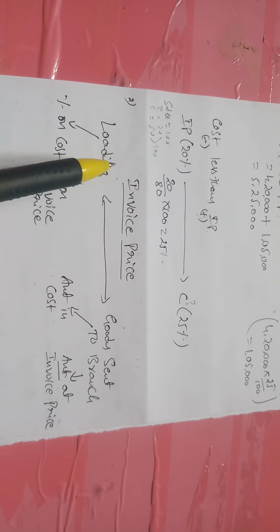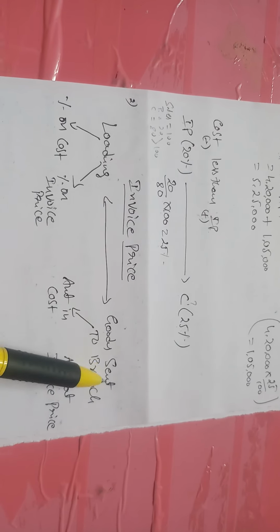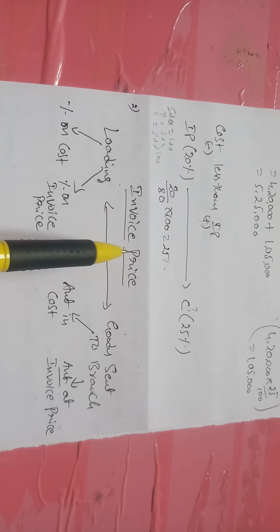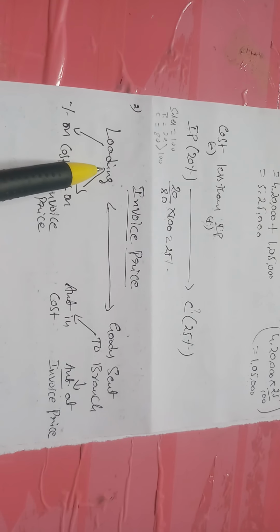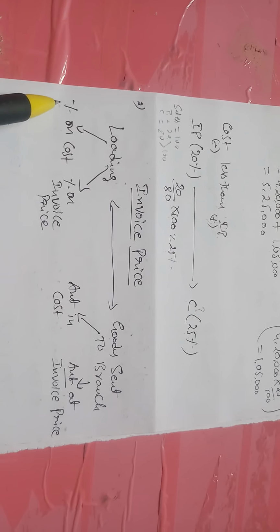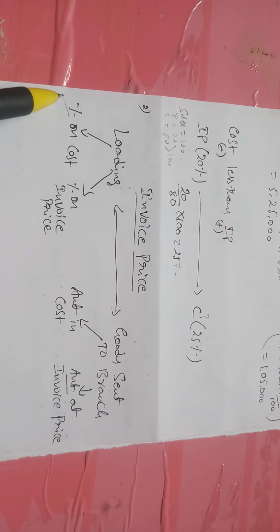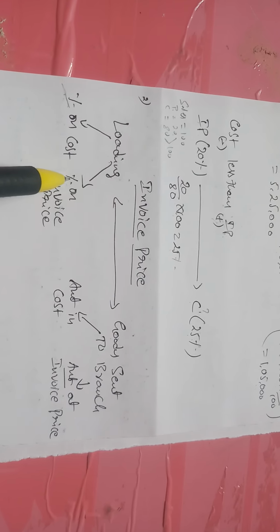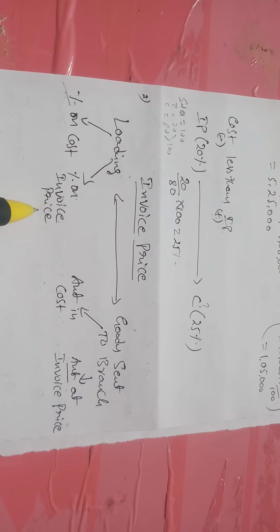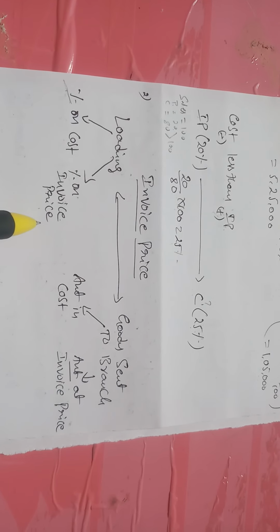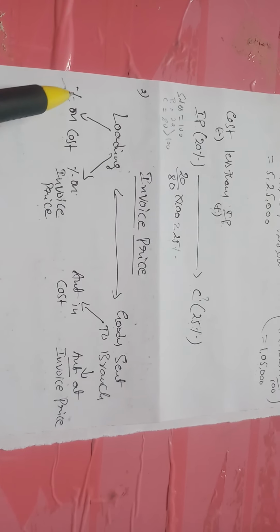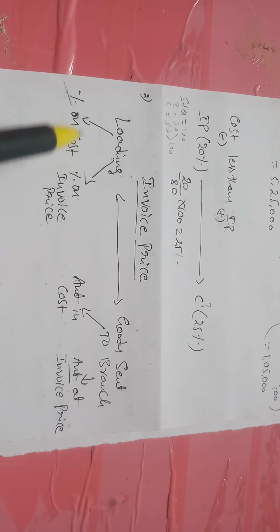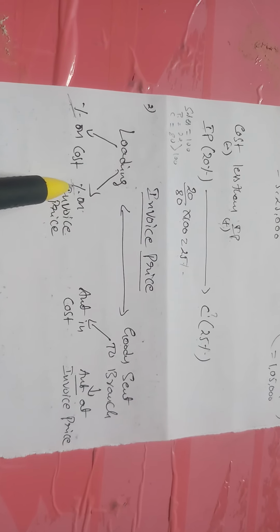Invoice price, loading and goods sent to branch. We are telling, right? Loading is nothing but the profit. It always shows as a percentage, on cost or on invoice price, but loading is always shown in percentage.